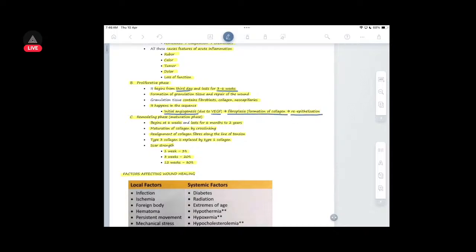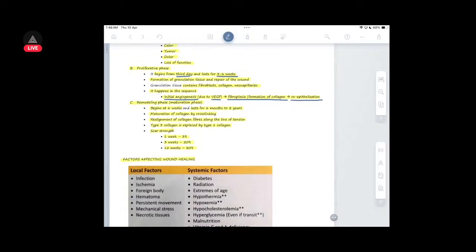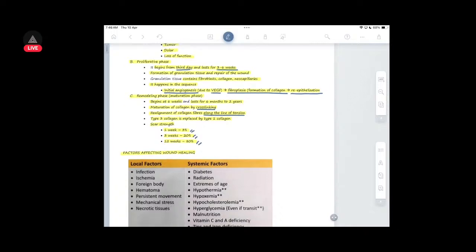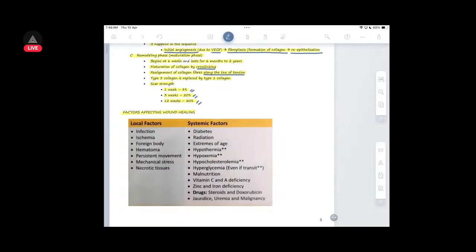The remodeling phase is a maturation phase beginning at 6 weeks and lasting for 6 months to 2 years. Maturation of collagen occurs by cross-linking, and realignment occurs along the line of tension. Type 3 collagen is replaced by type 1 collagen. Scar strength is also there. First week is 3%, second week is 20%, third week is 80%.